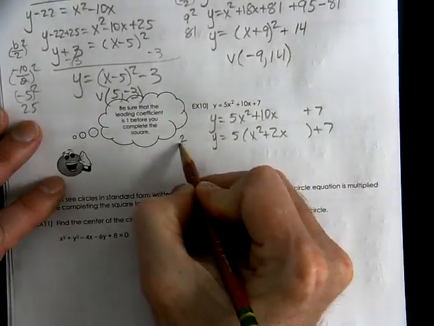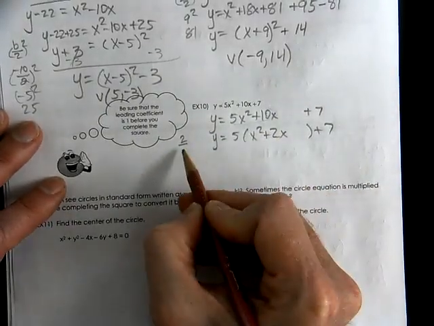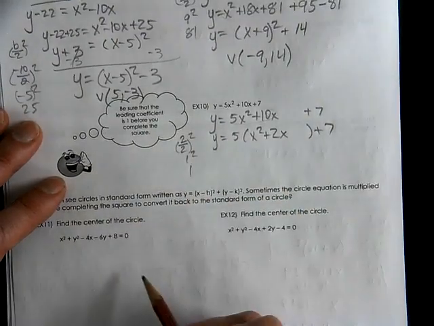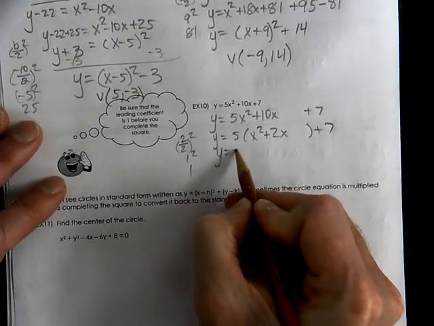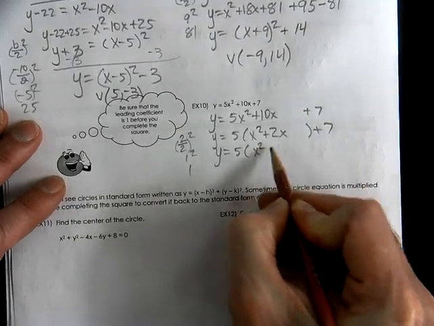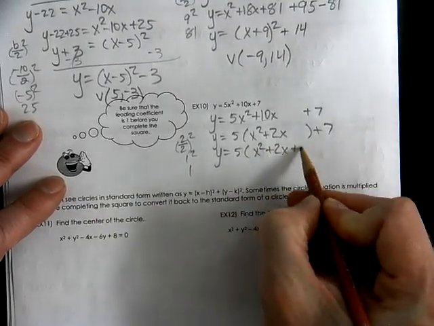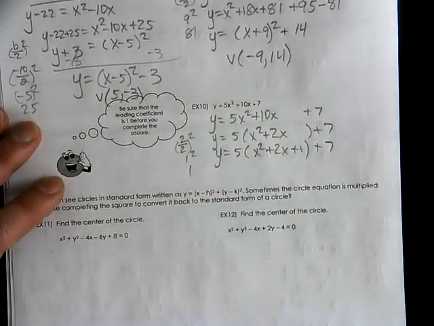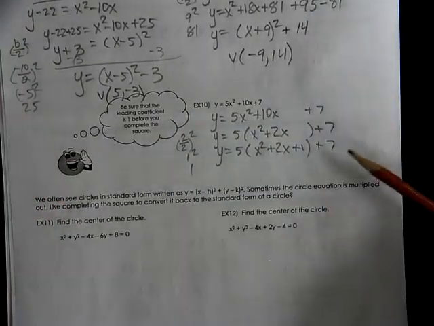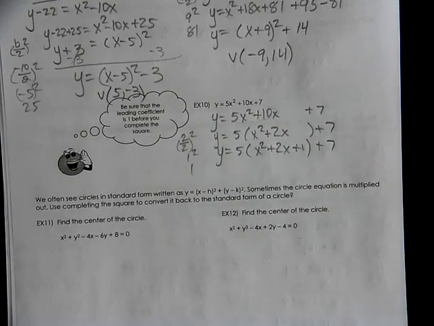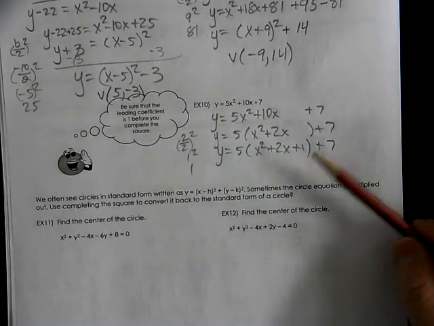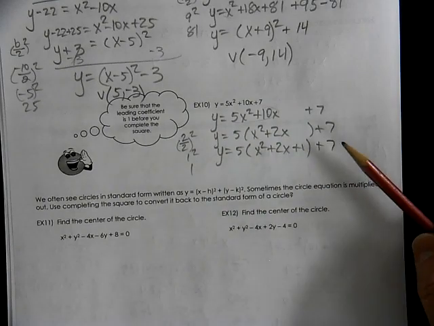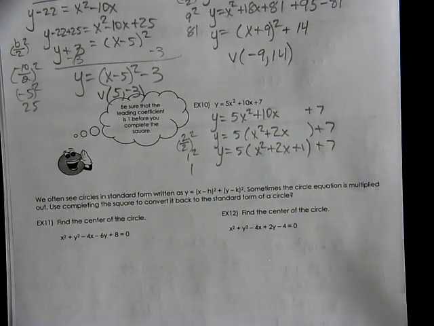So my b is 2, divided by 2 is 1. 1 squared is 1. So I'm going to add my 1 inside my parentheses. And what am I going to put next to the 7? If I add 1 inside the parentheses, what am I going to have to put next to the 7?